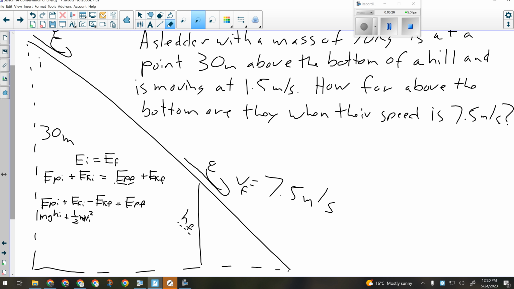And in this case, it'll be the initial V. Okay. Minus 1/2 mvf squared. Okay, so that's the formula for the final kinetic energy. And then lastly, on this side, m times g times h. Fine.